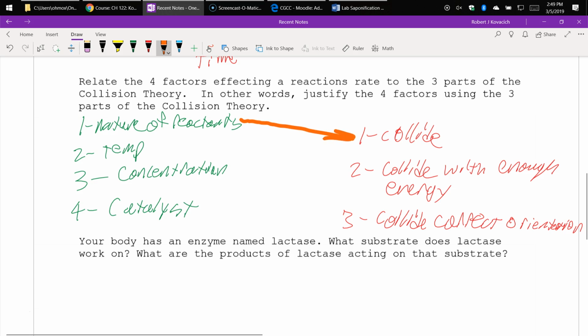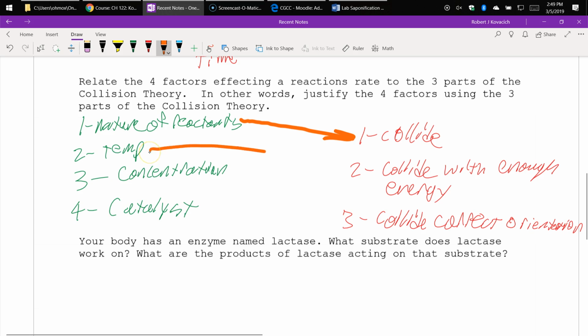The nature of the reactants has to do with the ability of the reactants to run into each other. If they're gases, they're more likely to run into each other. If they're liquids, they're more likely to run into each other. If I have a very fine powder, it's more likely to react and be able to collide than if the solid is just one big chunk.